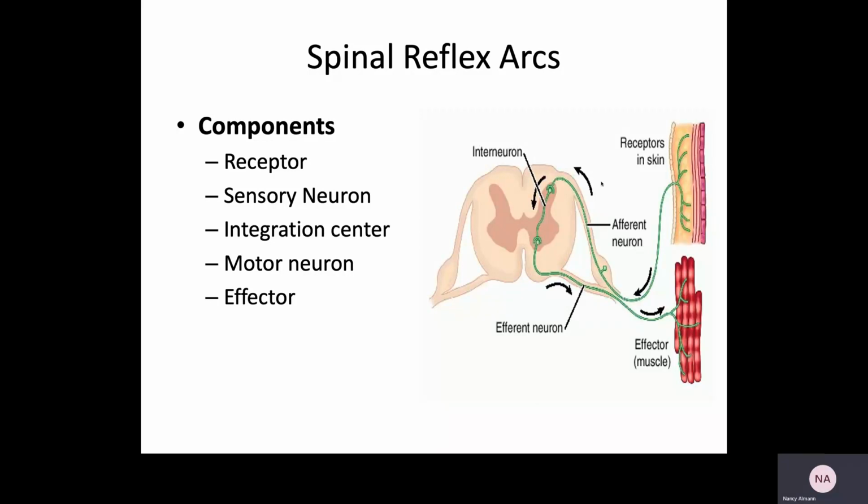Let me repeat all of this. Receptors in the skin will pick up information and send it along a sensory afferent neuron to an integration center in the spinal cord. A reaction will be sent along a motor efferent neuron out to an effector, which in this case is skeletal muscle.